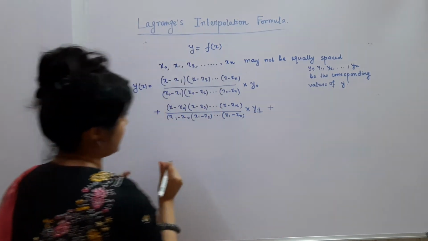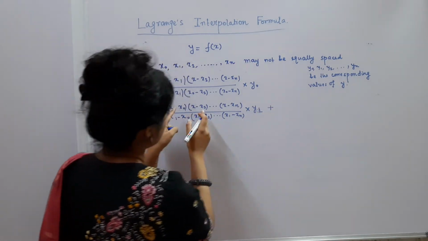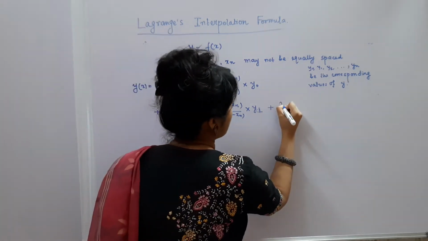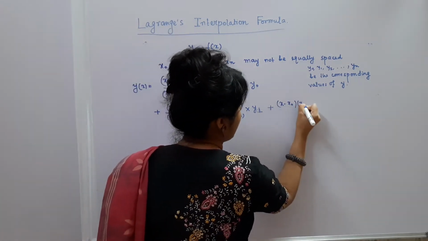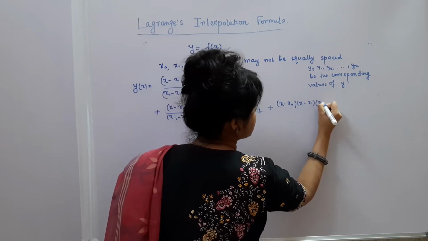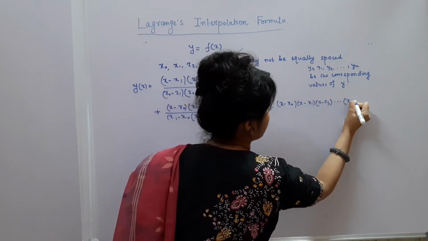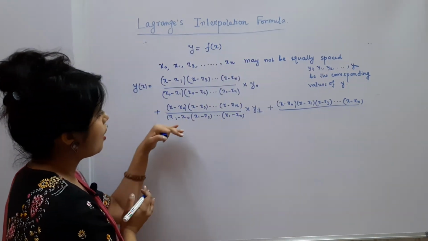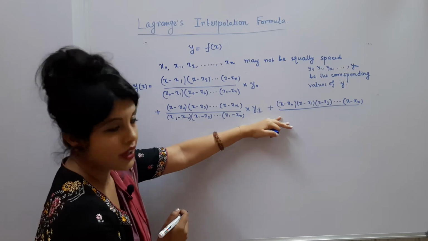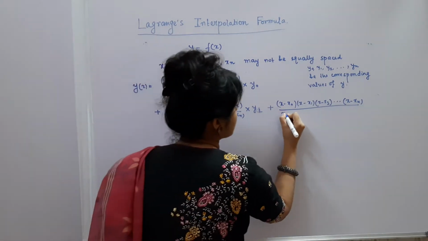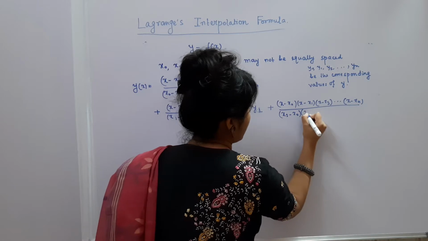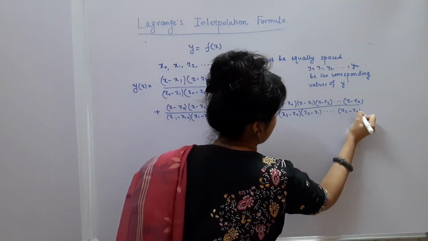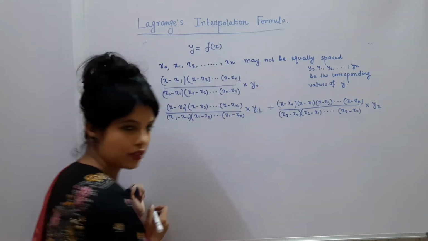Now in the third term, in the numerator the term x minus x2 will be missing. So (x minus x0)(x minus x1)(x minus x3) up to (x minus xn) divided by, in the denominator, all the terms subtracted from x2: (x2 minus x0)(x2 minus x1) up to (x2 minus xn), into y2.